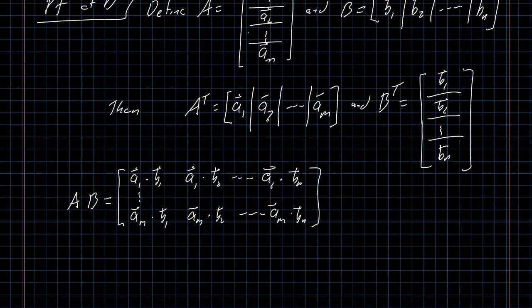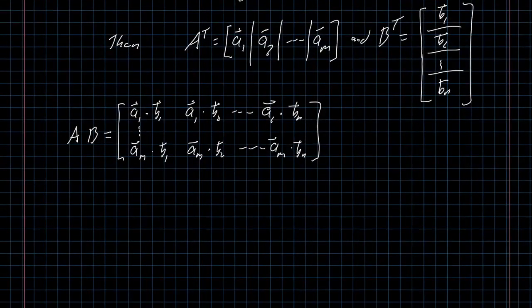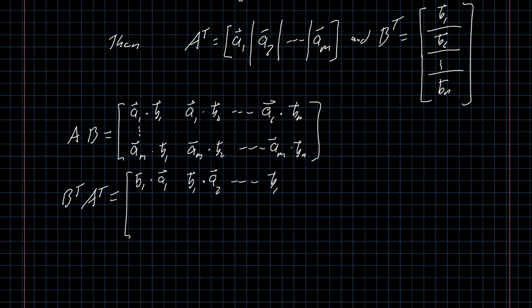And then what happens when I want to multiply B transpose times A transpose? Well, I'll get the first row of matrix B transpose, which is B1, and I'll dot that with the first column of A transpose, which is A1. I'll get B1 dot A2, and I'll keep going until I get to B1 dot Am.